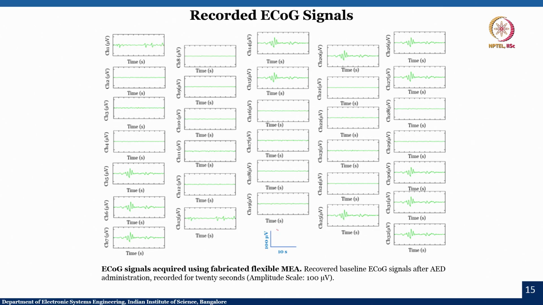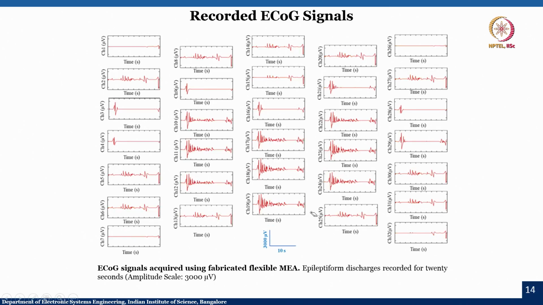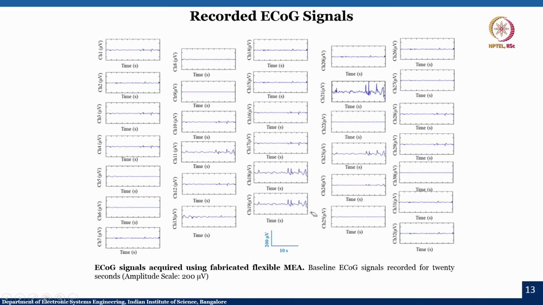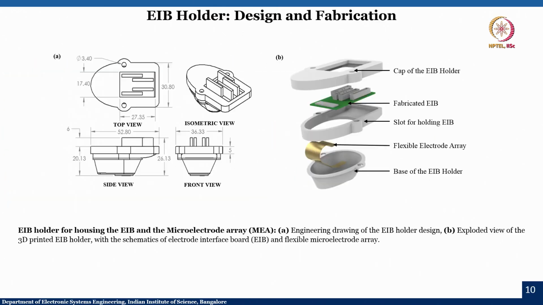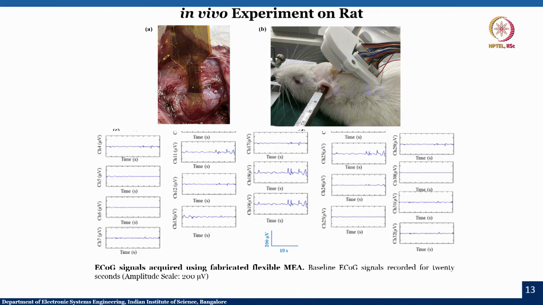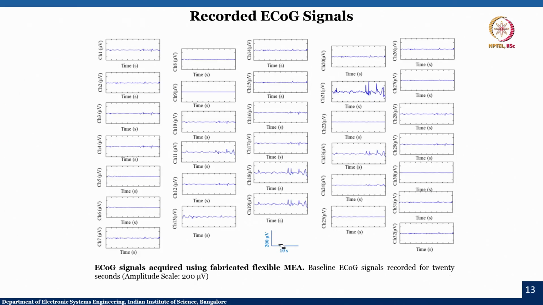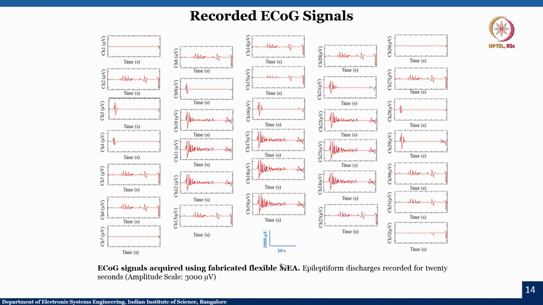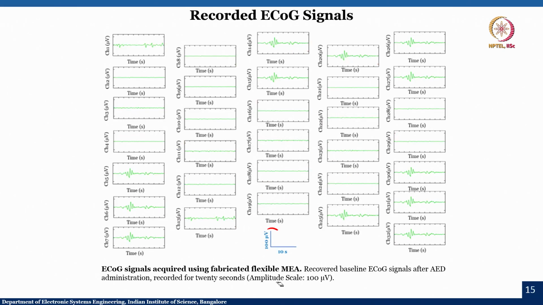Here the y axis is only 100 microvolts and the x axis is 10 seconds, and you can see that it is way lower than your 3000 microvolts, and even lower than the 200 microvolts, which is the normal region. When you recover the baseline it is only 100 microvolts.